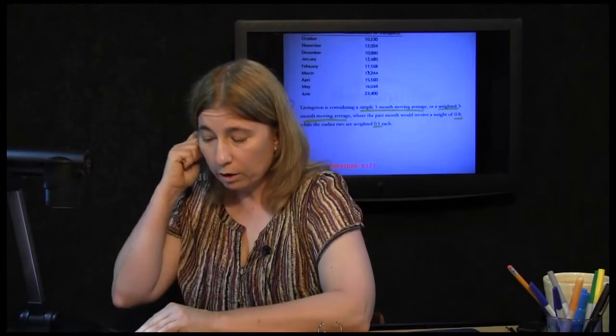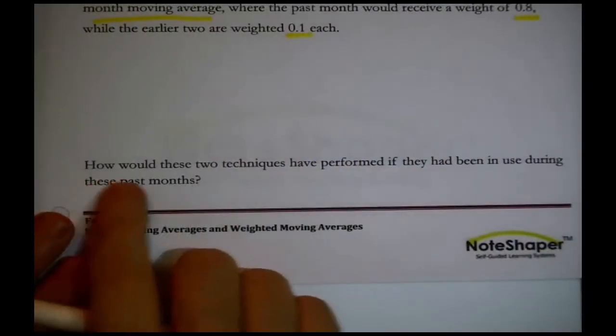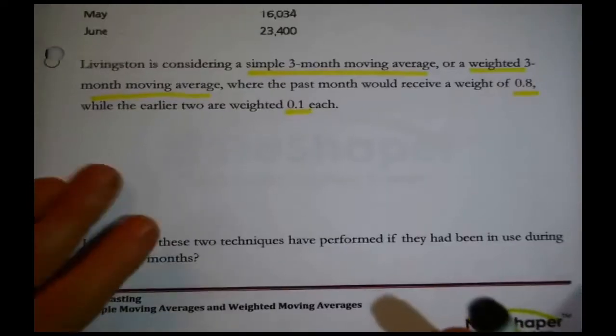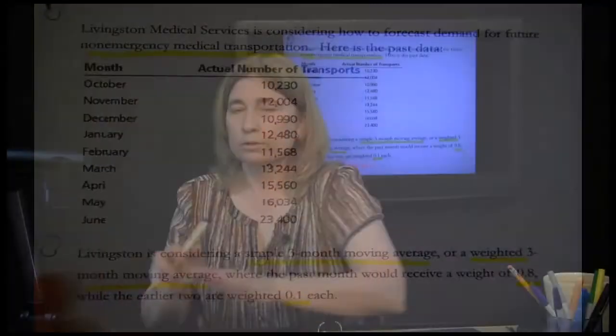Now way at the bottom of the page it says, how would these two techniques have performed if they were in use during the past months? Let's back out for a second.